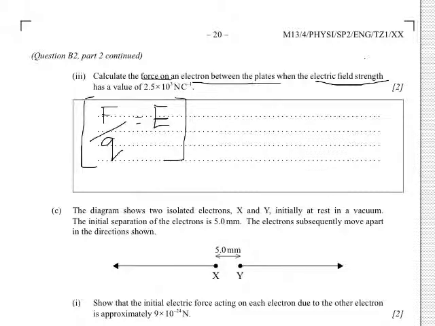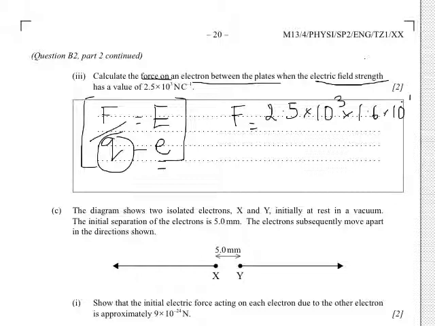And the force then will be equal to the electric field strength, which is 2.5 times 10 to the 3, times Q, which in this case is the charge on an electron, which is 1.6 times 10 to the minus 19. Okay, and that gives you 4 times 10 to the minus 16 newtons.